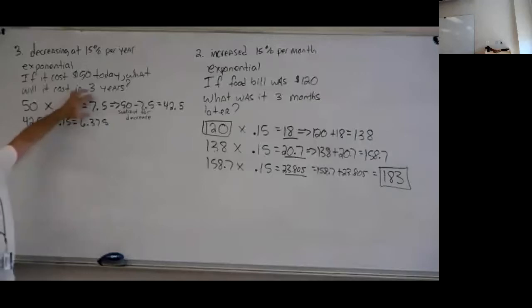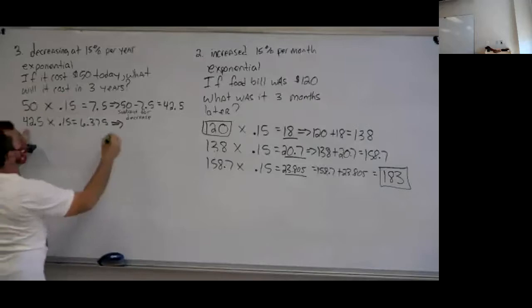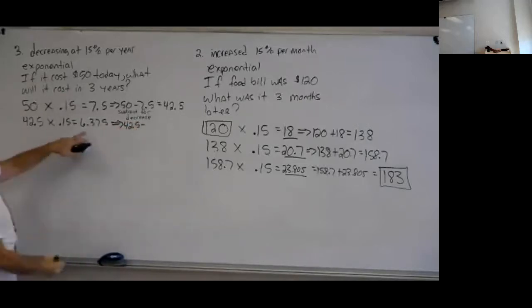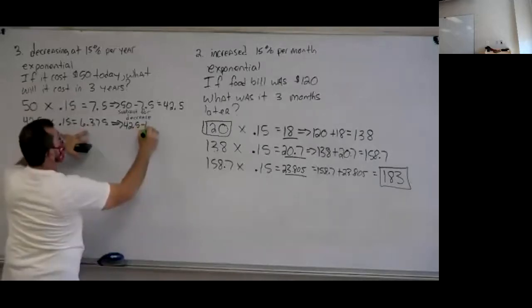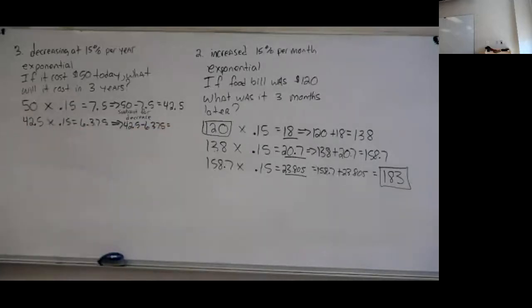So it was decreasing about 750, now it's decreasing about 637 or so, 638. So now we take this 42.5 we started with, subtract my decrease of 6.375, and this will now give me the ending amount for that part after the second year of decreasing.